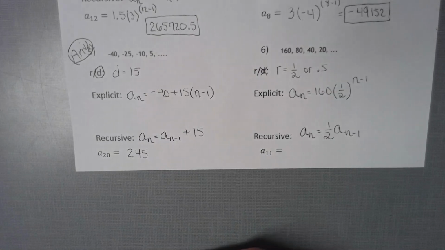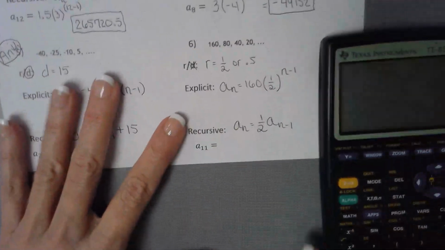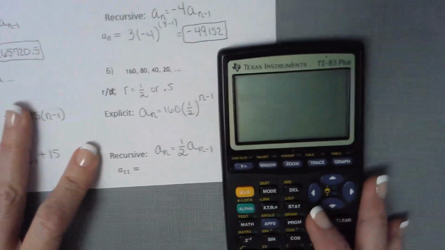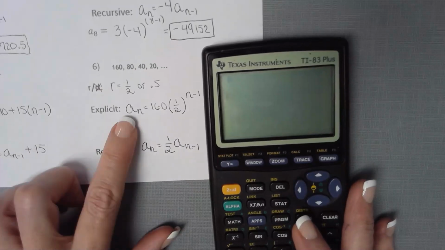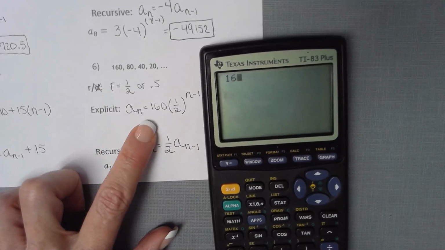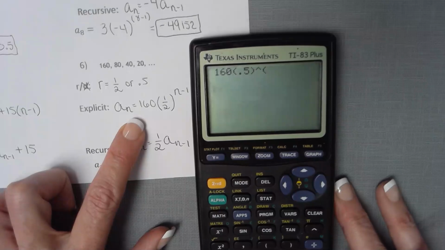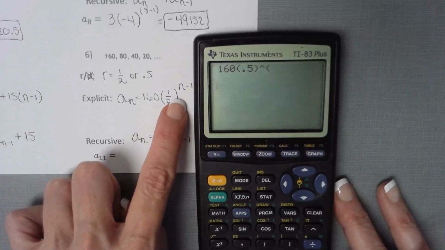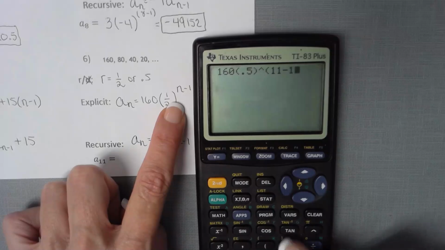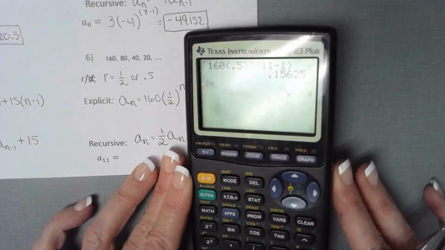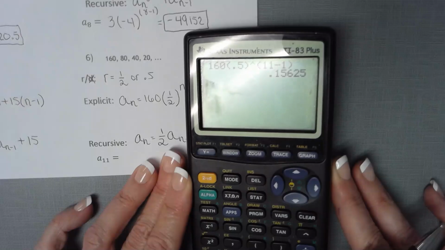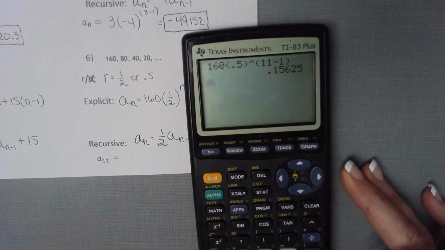And did we find the value of the 11th term by any chance? I could go ahead and do that. So I'm going to do 160 parentheses 0.5, close the parenthesis, open another one, and I want the 11th term, so 11 minus 1. I got 0.15625. Did y'all get that?